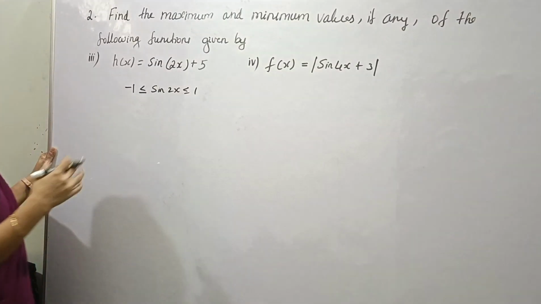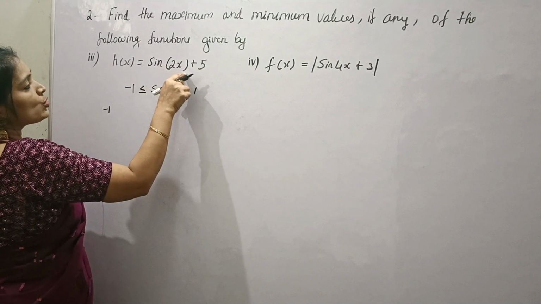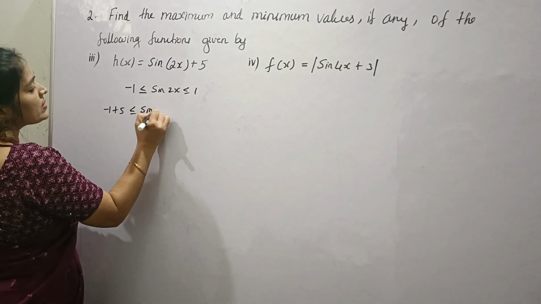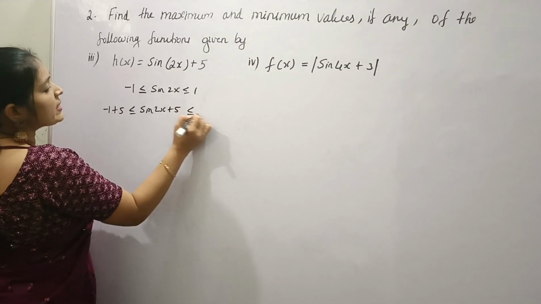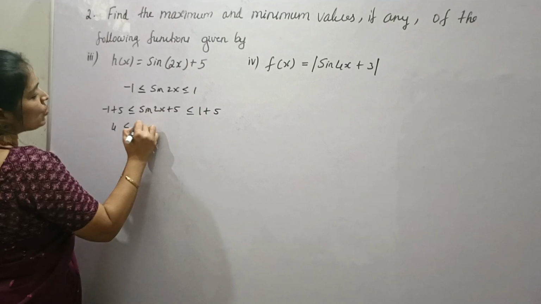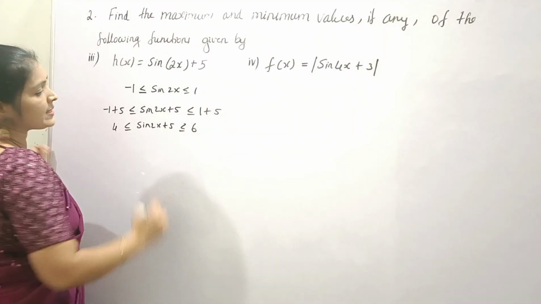So let's add 5 throughout. Because our function is sine 2x plus 5, minus 1 plus 5 is less than or equal to sine 2x plus 5, which is less than or equal to 1 plus 5. So here 4 is less than or equal to sine 2x plus 5, which is less than or equal to 6.